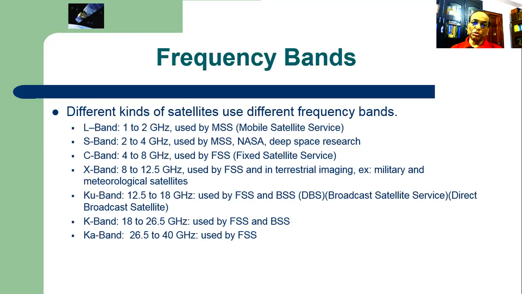So it is 2 to 4 gigahertz, used for MSS, mobile service once again, at the higher frequency, and for deep space research, which is usually used by NASA. C band is 4 to 8 gigahertz, used for FSS, fixed satellite service.